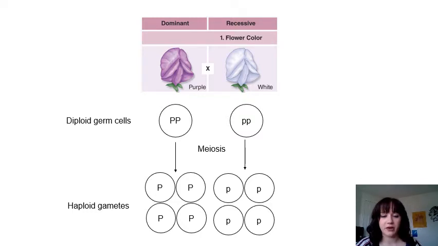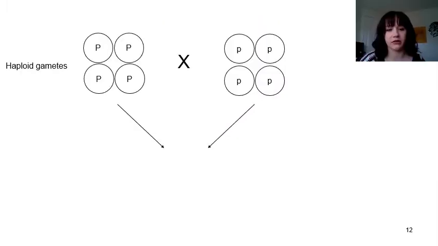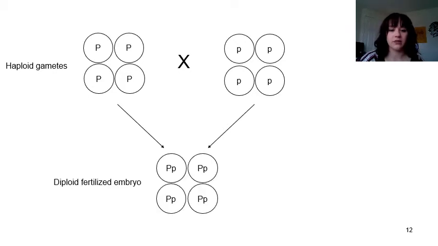So we know that these are all the possible gametes that these individuals are going to be producing. And so when fertilization occurs, you're going to have, right, egg and sperm, one male and one female gamete going to fuse to form a zygote. So there's really only one combination that you're going to see here.